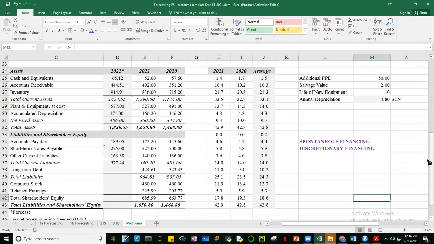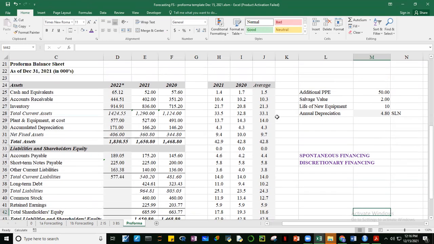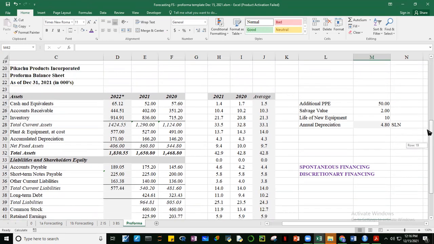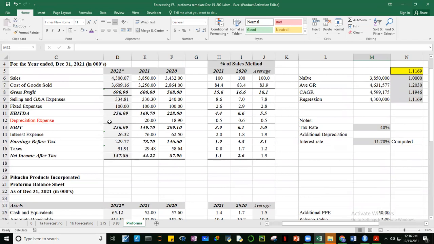Okay, balikan lang natin guys. Since may depreciation na tayo, pwede na natin i-ano dito yung depreciation natin. Okay. So what will be our depreciation for 2022? So the previous year guys, may 20. Okay, we can assume that yung mga assets na yan are not yet fully depreciated.